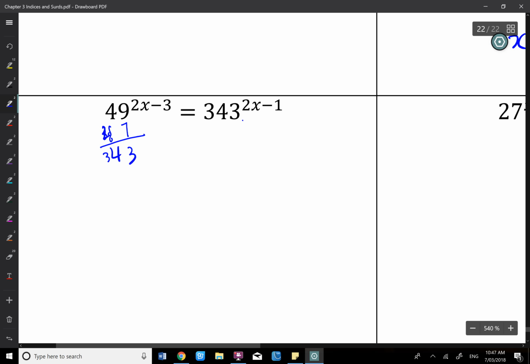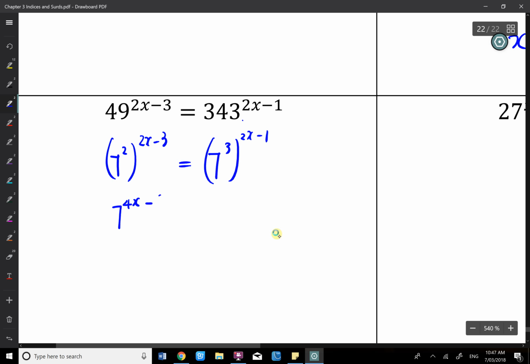I can show that here. There are 2 sevens in 49, and 3 sevens in 343. So I have 7 to the power of 2 bracket 2x minus 3 equals 7 to the power of 3 and then to the power of 2x minus 1.